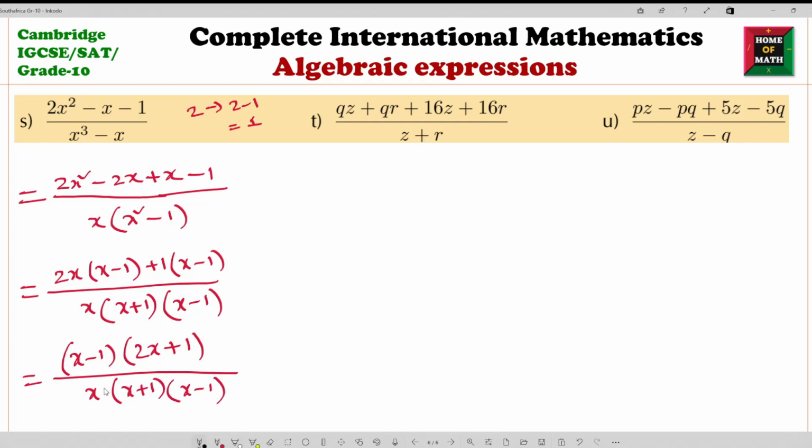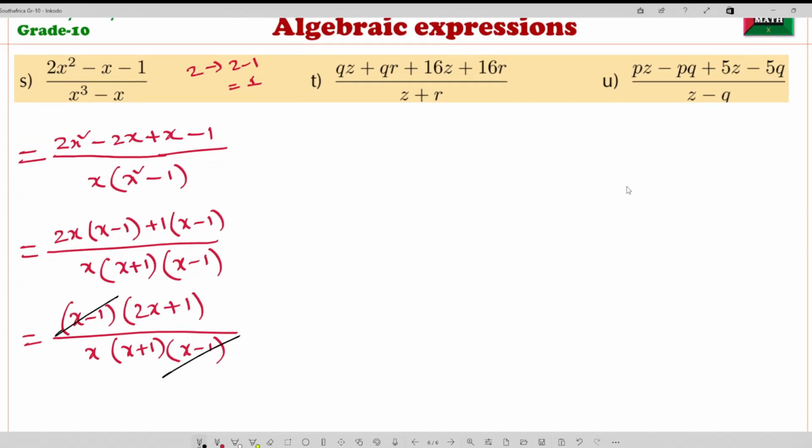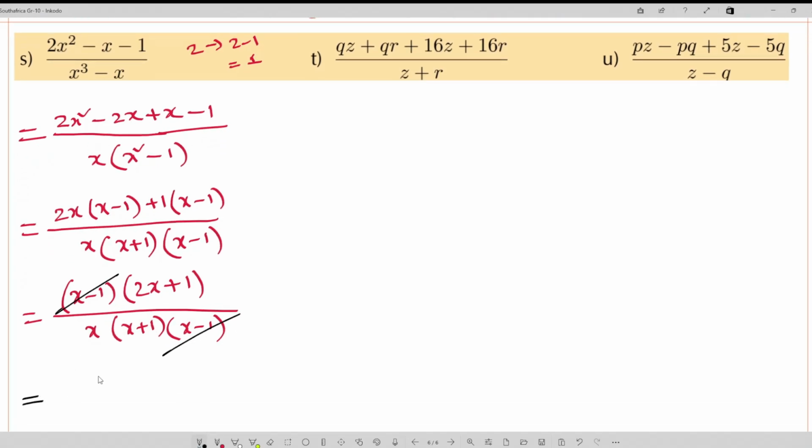Now look, here is x minus 1 and x minus 1 out, then here is 2x plus 1 divided by x times x plus 1, and this is our answer.